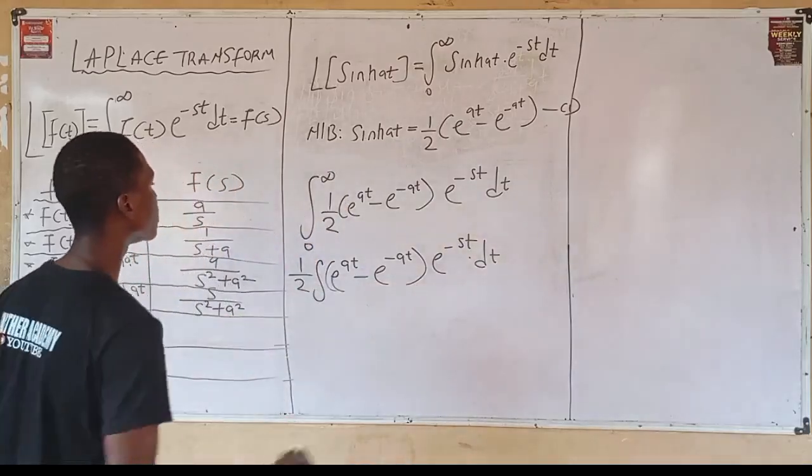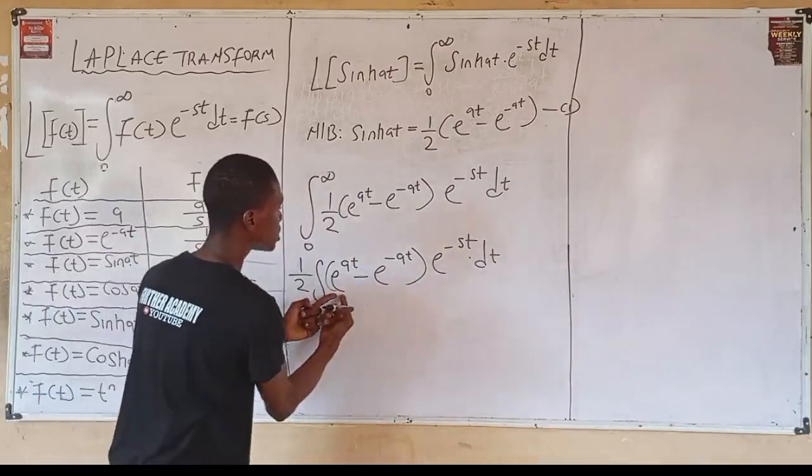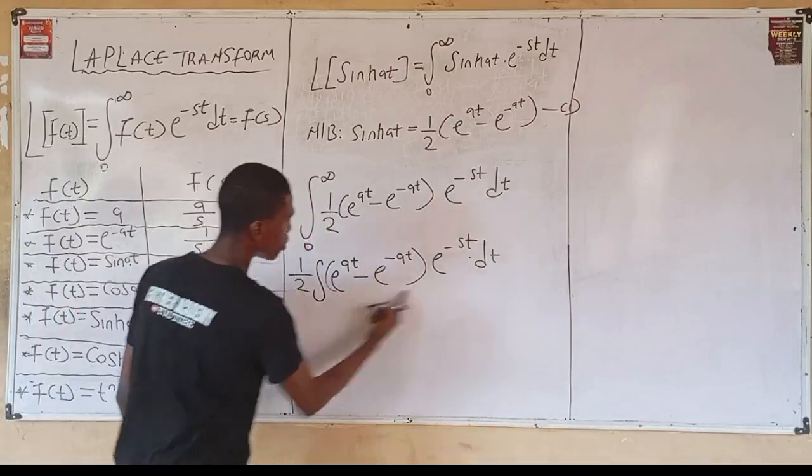Now open your bracket, multiplying the exponential with this bracket.